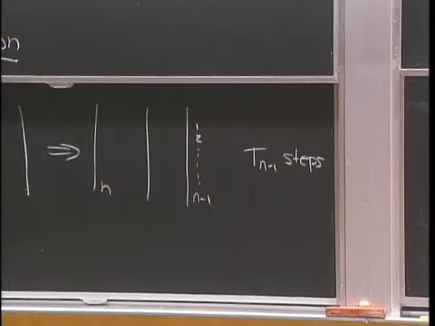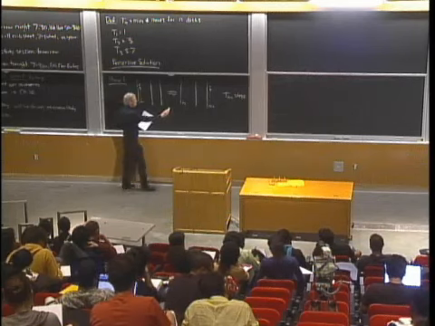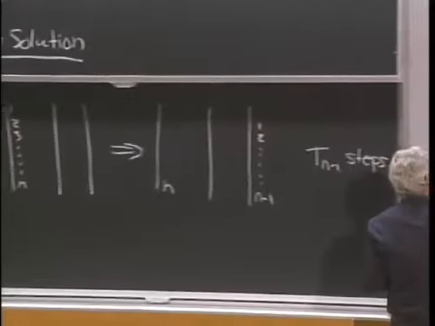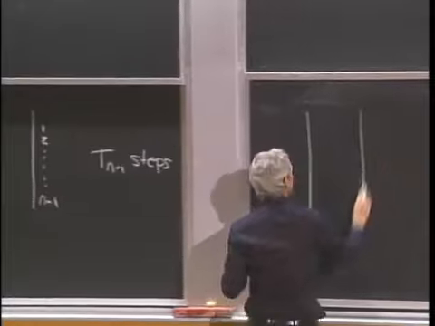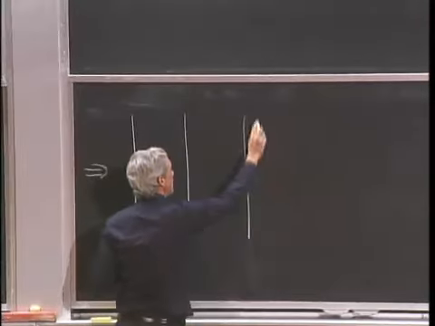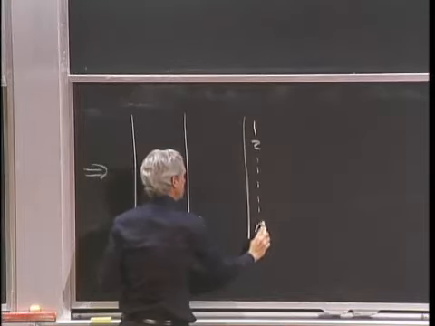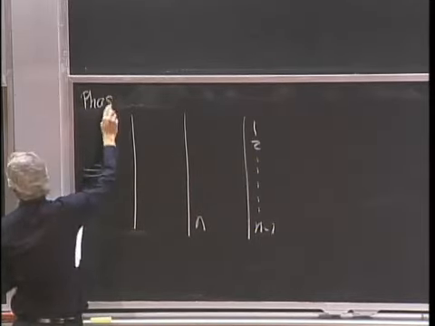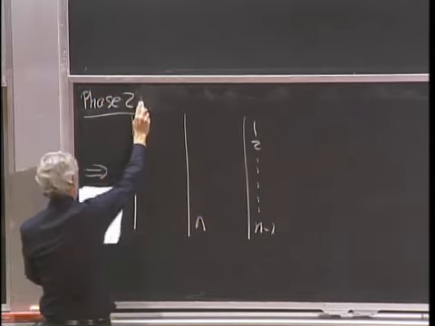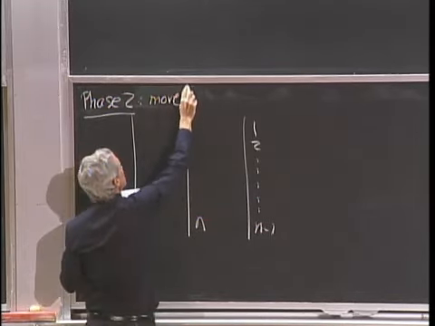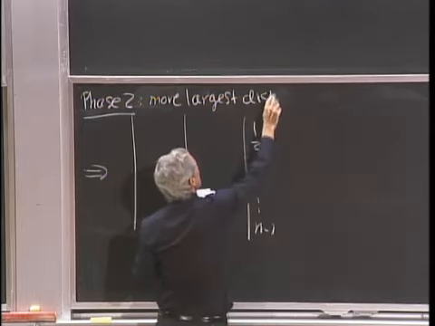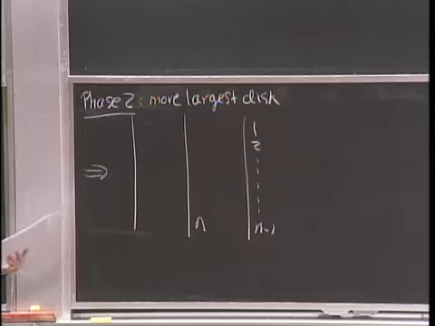All right, now my next move is to take this guy and stick him here. So we'll draw that over here. So the nth guy moves there, and I leave all these guys here. That's going to be phase 2. I move the largest disk. And how many steps did that take? 1 step. Just move 1 disk.